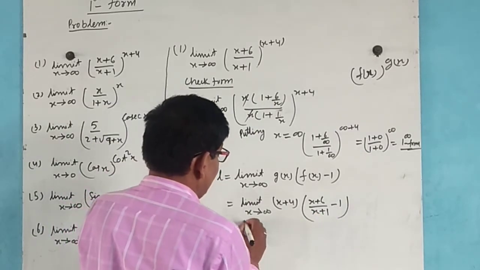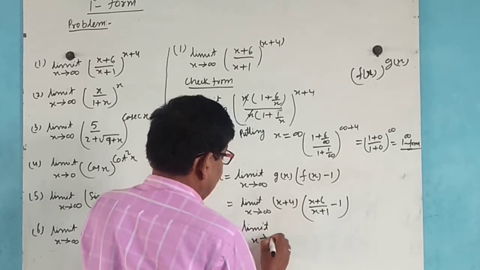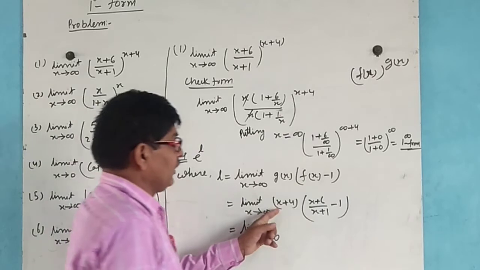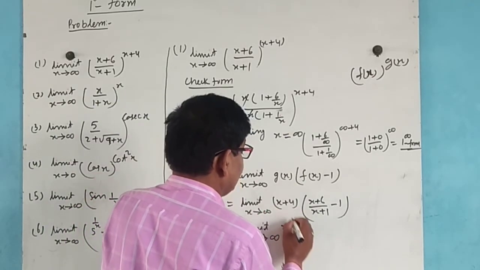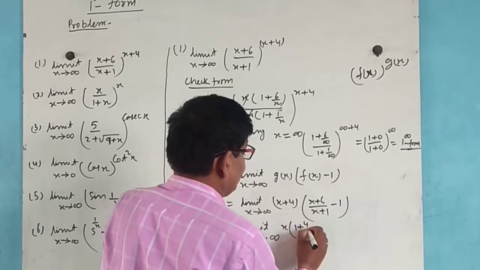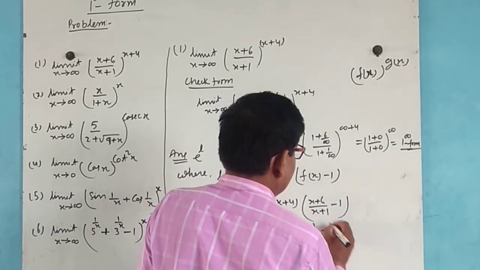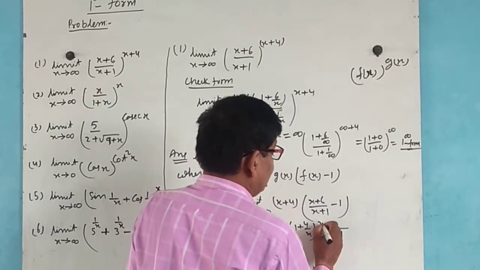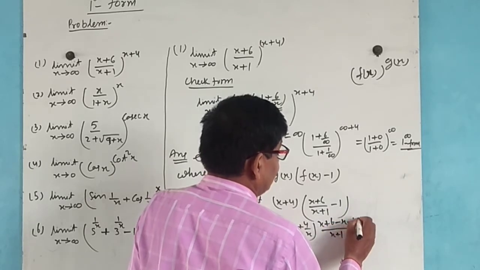Now limit x tends to infinity, take x common, this becomes 1 plus 4 by x, and here take the LCM x plus 1. Now here x plus 6 minus x minus 1.